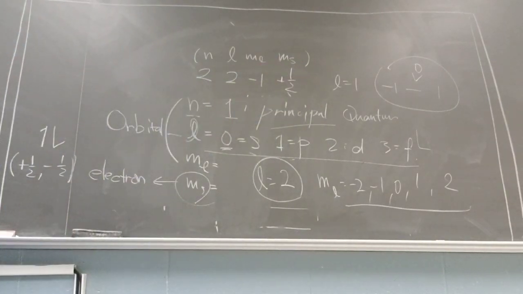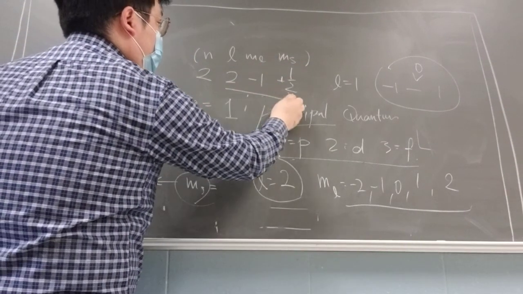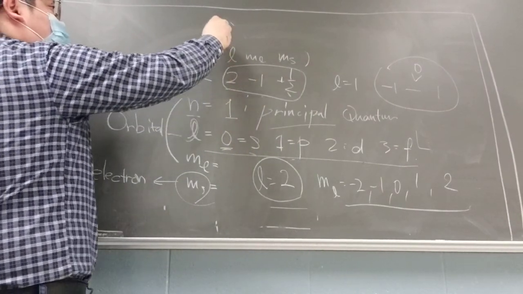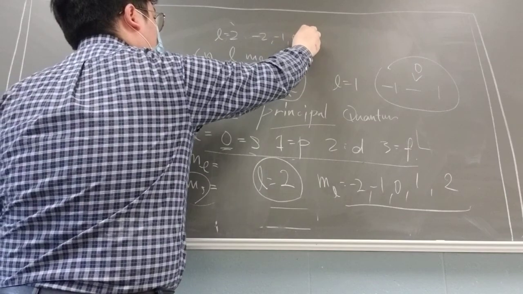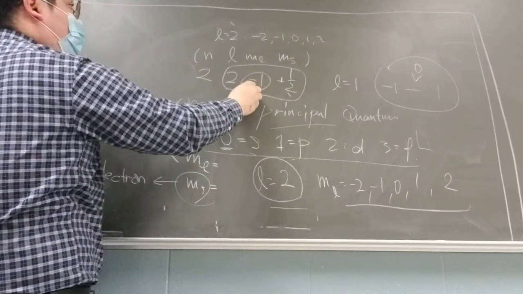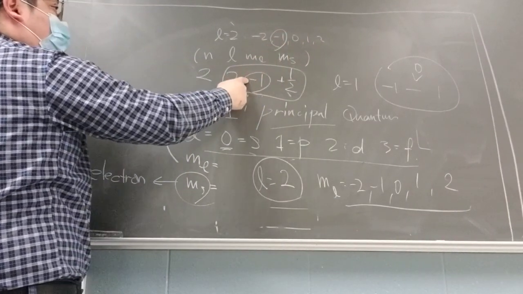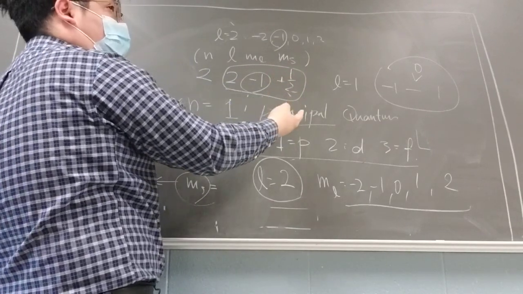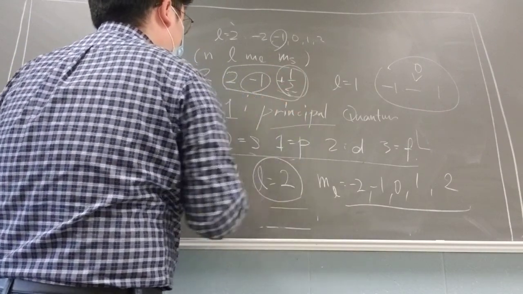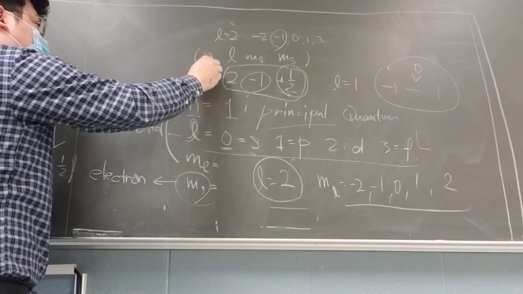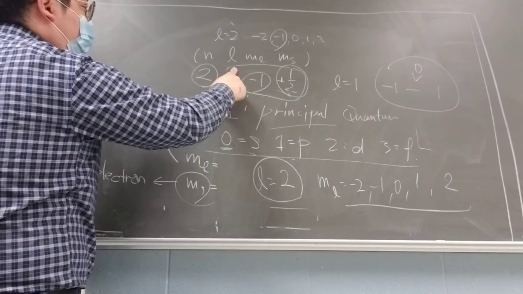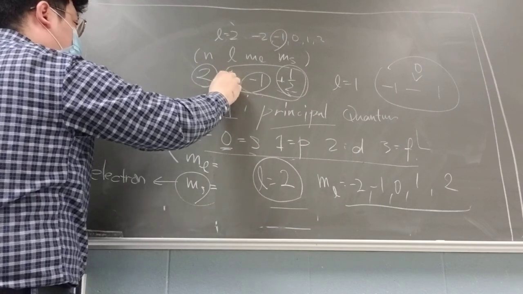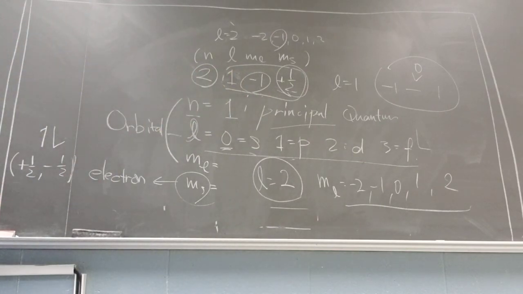So they all look fine because L is 2, then you can have -2, -1, 0, 1, and 2 for ML. It's just that -1 is right here. This is okay too. And you have an up spin over here for the electron, it looks fine, but n is only 2. So you actually could not have 2 for L, but the max number you can have is only 1. So that's also wrong.